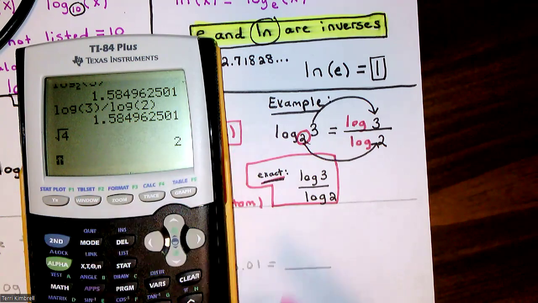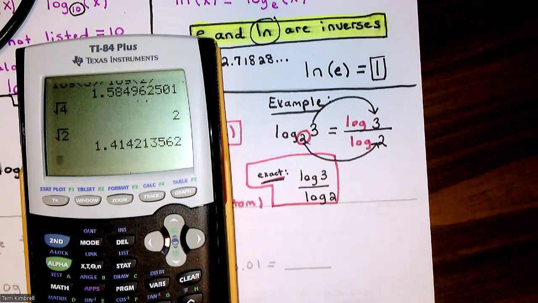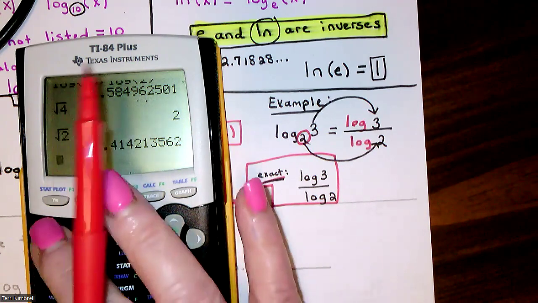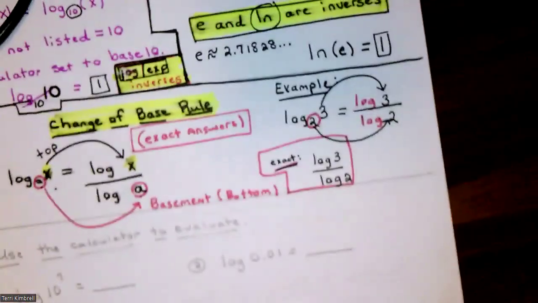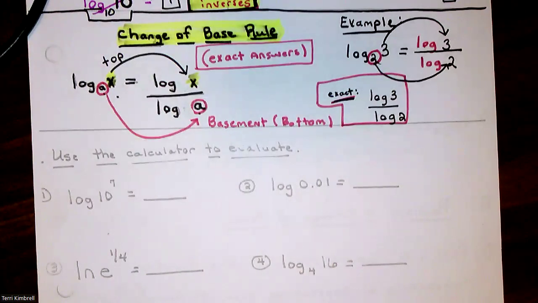But if you were to do the square root of 2, the exact number for that is not the decimal, it would be the square root of 2. That means there's no rounding involved, okay? So before we actually use the calculator to evaluate, let's use our change of base formula for the logs, okay?